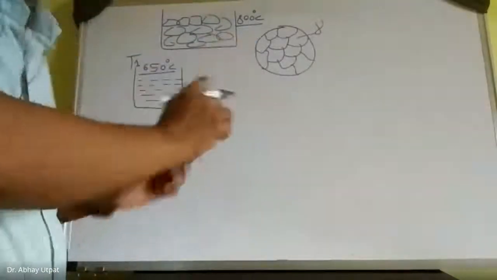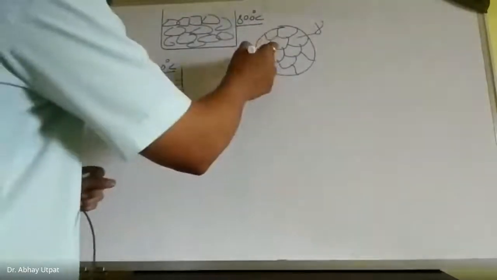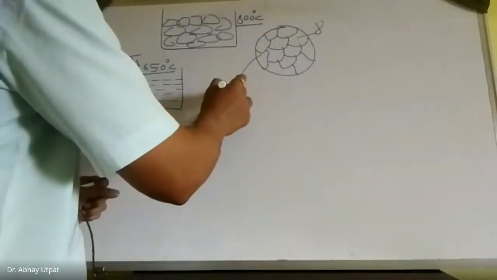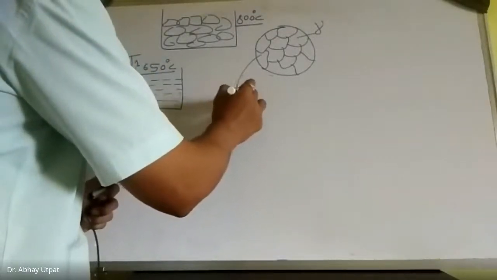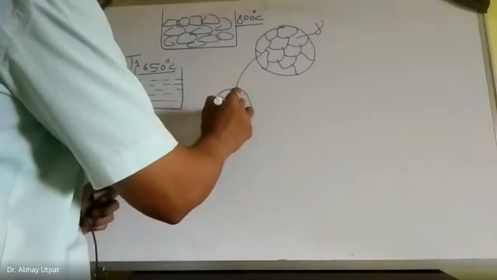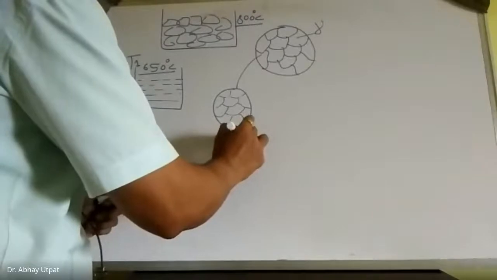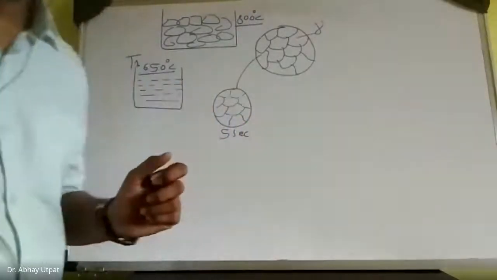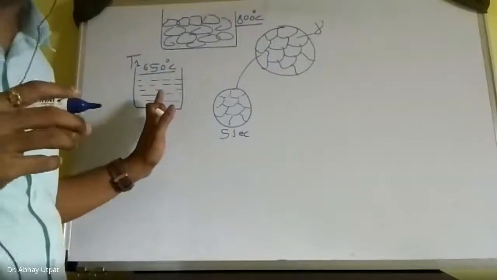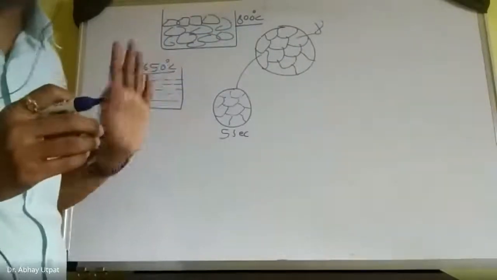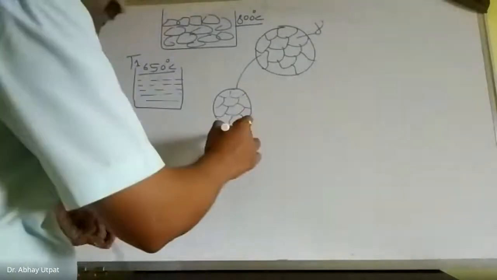Okay, so step number 1, I will first hold it for a few seconds. Suppose I hold for 5 seconds. I have taken this sample, put it in the 650 degrees Celsius bath, held it there for 5 seconds, and then immediately taken it out and quenched.